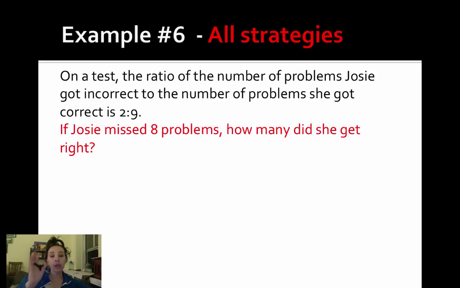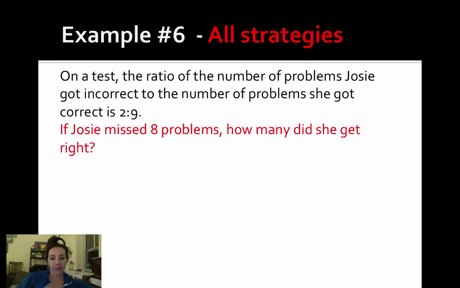All right, so for example 6, I want you to actually take the time to look at this ratio and pick the strategy that works best for you. We've got equivalent fractions, we've got multiplication, you can draw a table, and you can draw the tape diagram. Pick the one that works best for you.